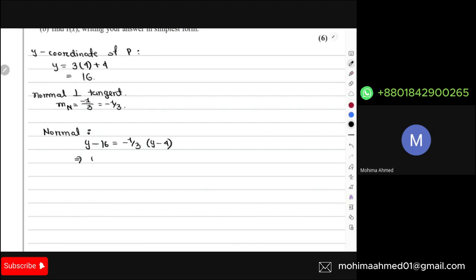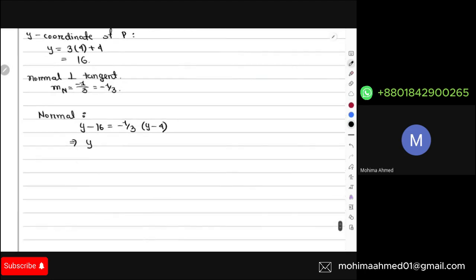Eventually you can write this as, since it didn't give any format, y equals minus 1 over 3 x plus 4 over 3 plus 16, which turns out to be 52 by 3. So you can write this as y equals minus x by 3 plus 52 by 3. One minute.